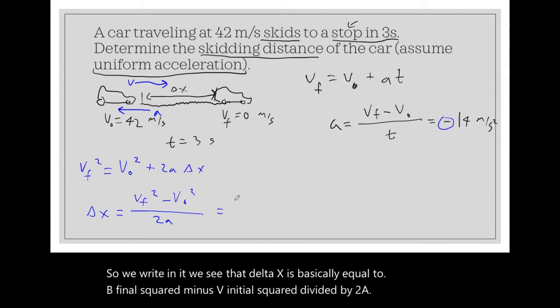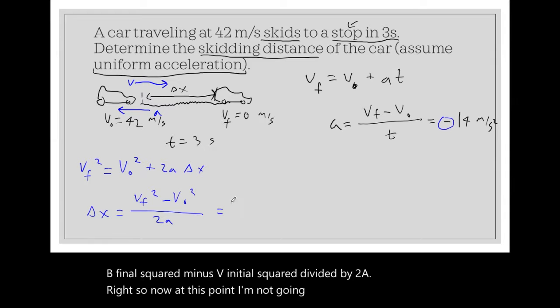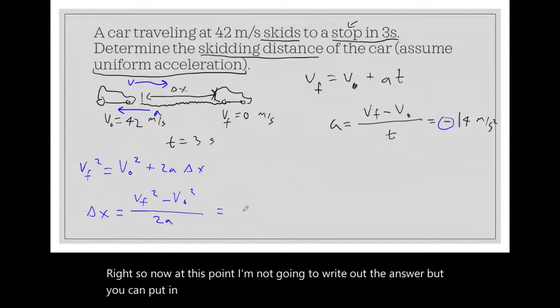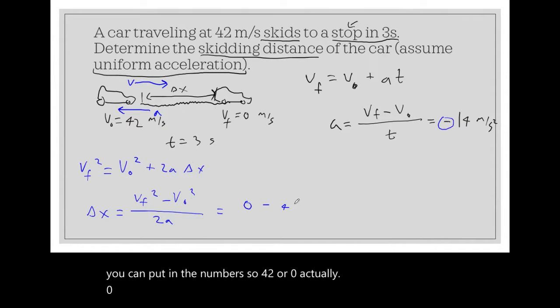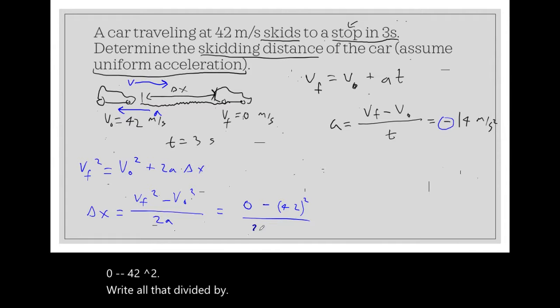At this point I'm not going to write out the answer, but you can put in numbers: 0 minus 42 squared, all divided by 2 times negative 14. With that we can find our displacement, which looks like 63. Okay, cool.